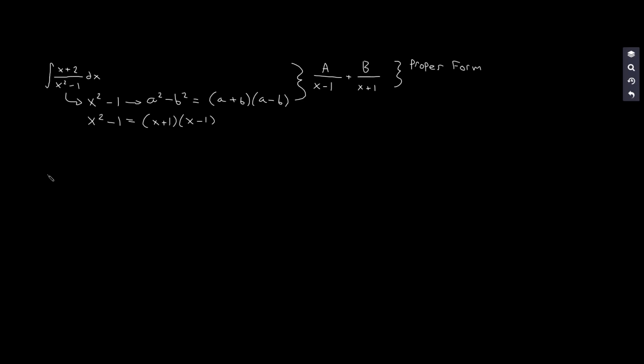We found the form, and so let's just write down that the integrand equals that form, and then multiply it through by the denominator. We found that that form of the integrand is given by a over x minus 1 plus b over x plus 1.